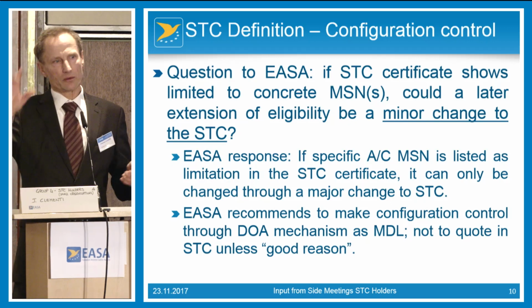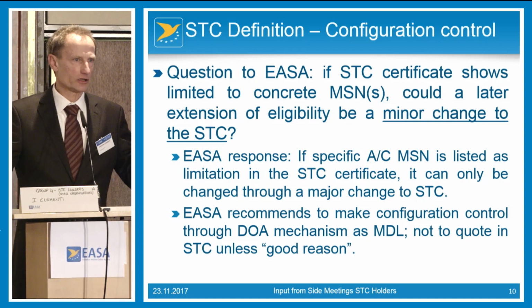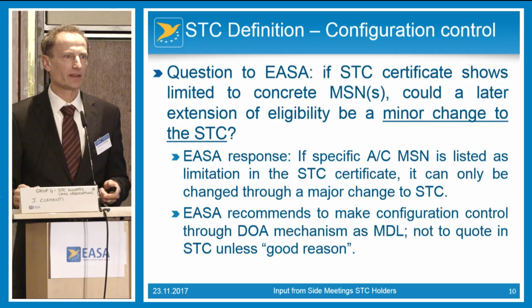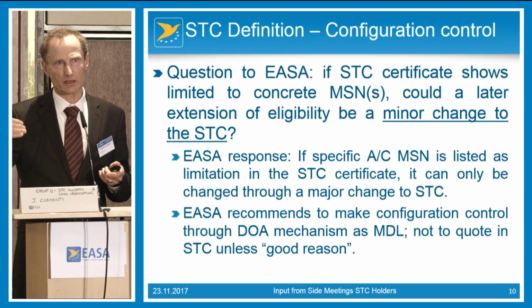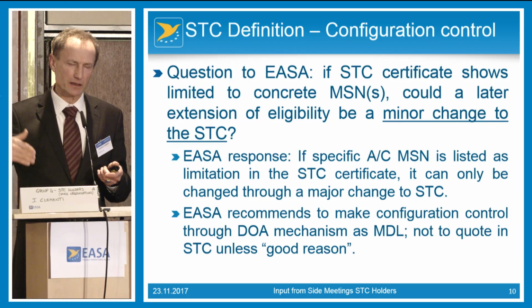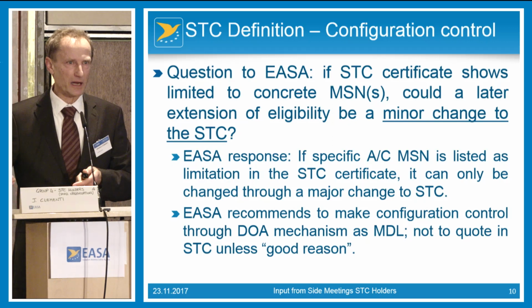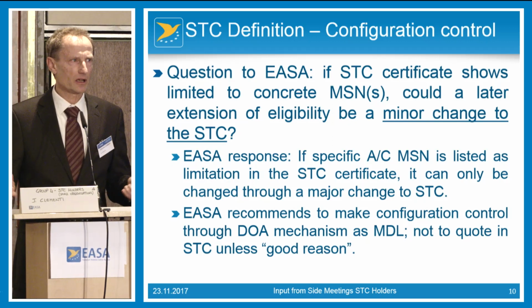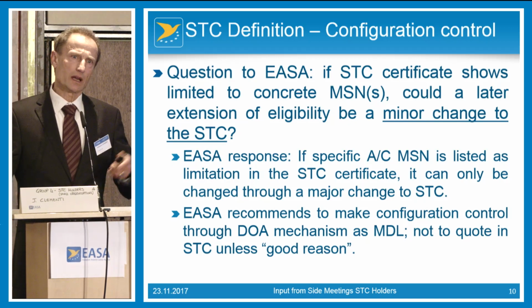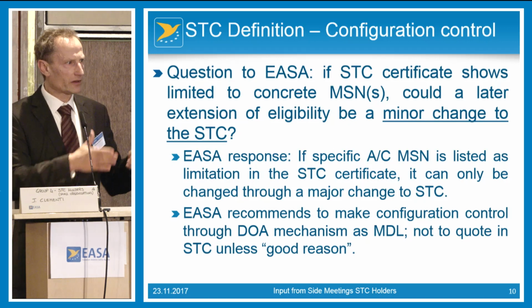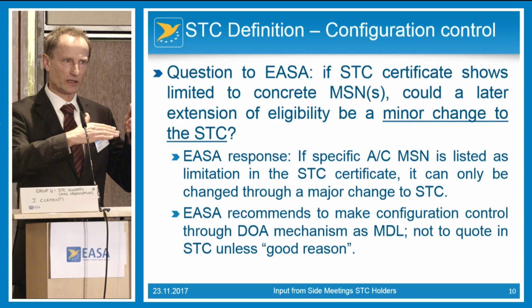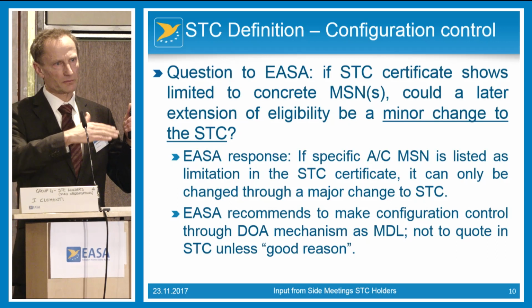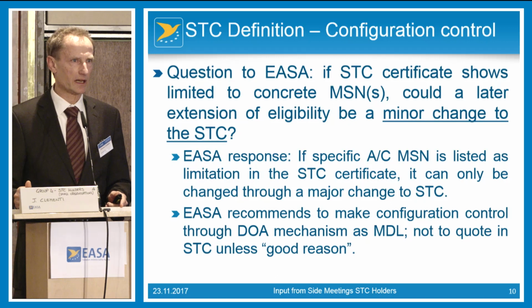Or we can say we have an entire fleet or a typical aircraft in our STC, which is then more clear and more defined in the design paper, for example in the master equipment list or in any other head document. So you have the possibility to say, okay, this is an STC, in the STC there is a master documentation list given, and therefore you have a clear identification.